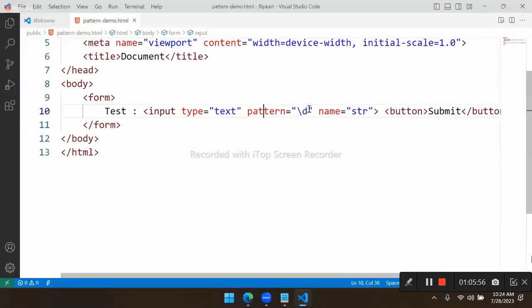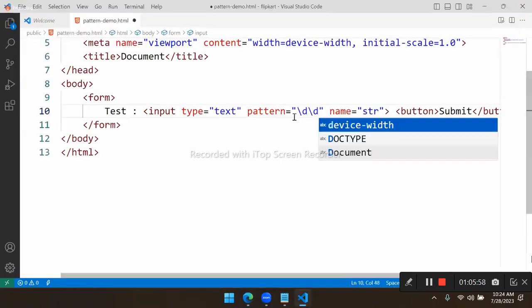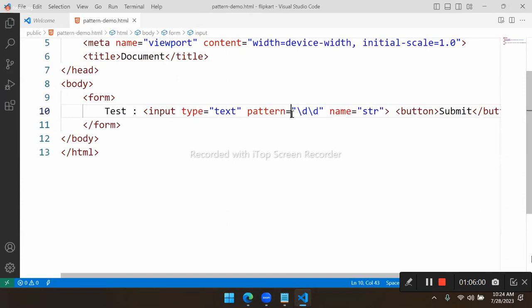Suppose I want a two digit number: /d/d. Now you may ask, for a 10 digit number, do I need to write 10 times? Not required. For that you will learn quantifiers later. Quantifier indicates quantity. How much quantity? You can mention that. As of now, 2/d means exactly two digits.